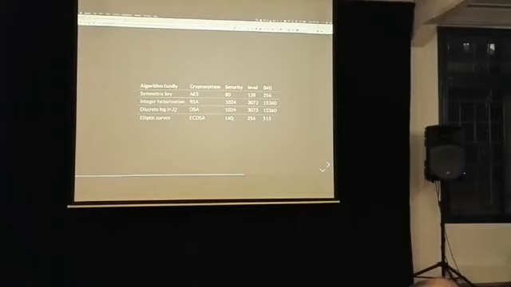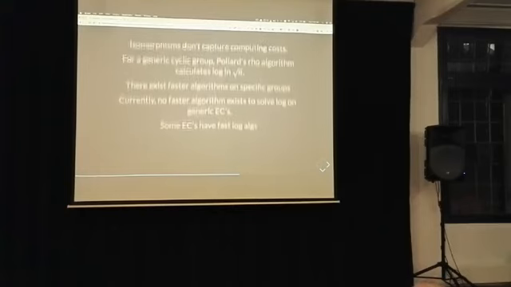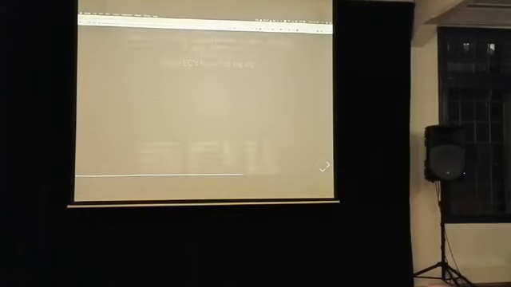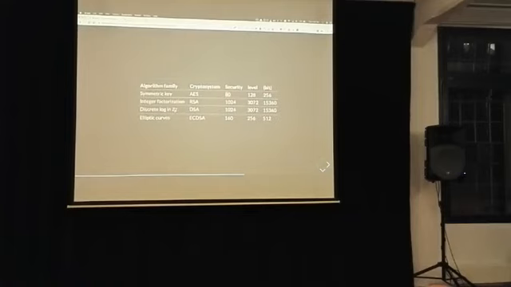So for any cyclic group, we will never be able to do better than this. Never, because there is an actual algorithm that solves it for any cyclic group.